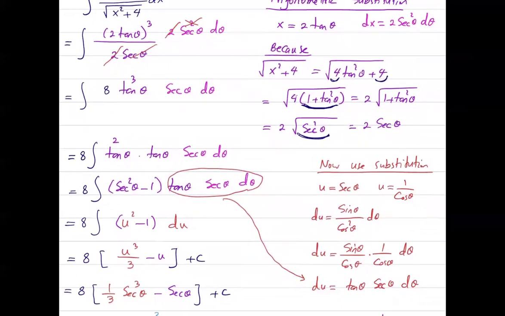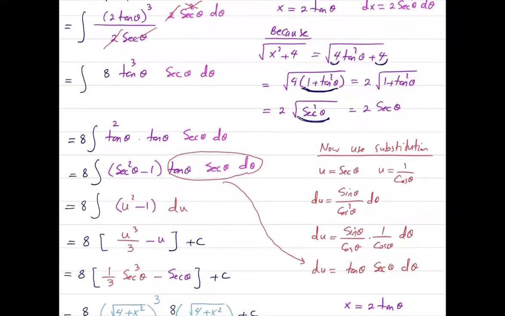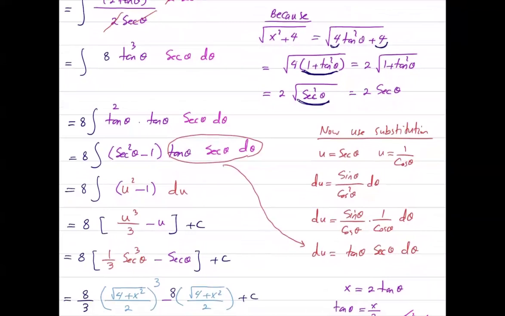So inside trig substitution, we used a regular substitution. In our regular substitution, we basically calculated the integral of u squared minus 1 du, and then we substitute everything back because our u was secant theta.